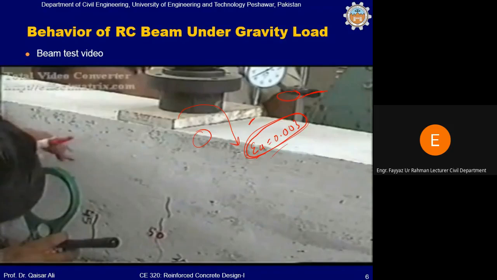So this is another stage in which the compressive stresses in the top fiber and the tensile stresses in the tensile reinforcement will be in the elastic range. So this second stage is known as the cracked but elastic stage. Crack का मतलब ये कि there will be cracks in the bottom, but the tensile reinforcement will be in the elastic stage. बात समझ में आ रही है कि नहीं? Yes, sir.